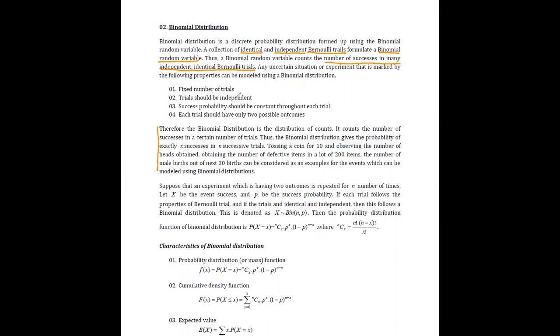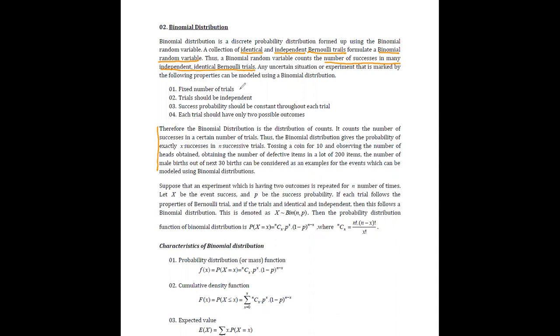It is because if I take the experiment of tossing a coin, this toss should not be affected by the previous toss or the later toss. Therefore, the trials should always be independent. Here it is also given that independent Bernoulli trials should be included.